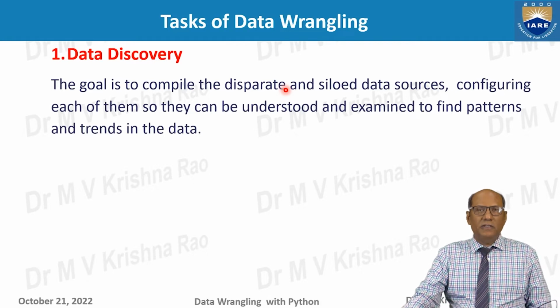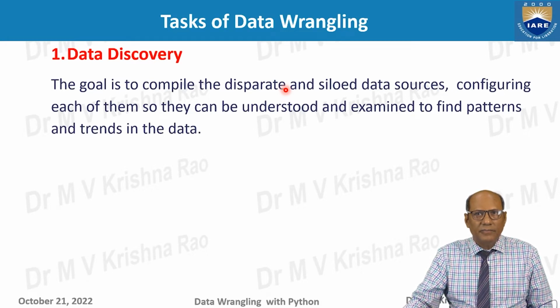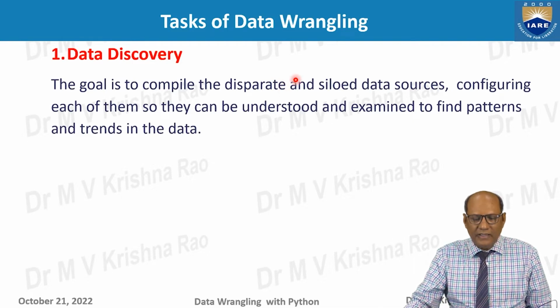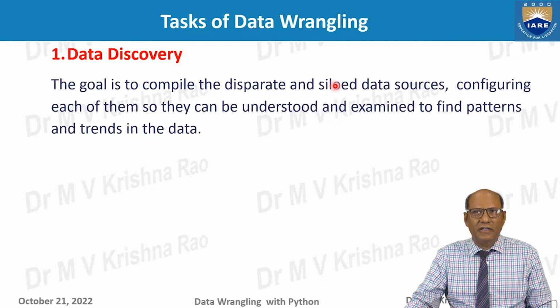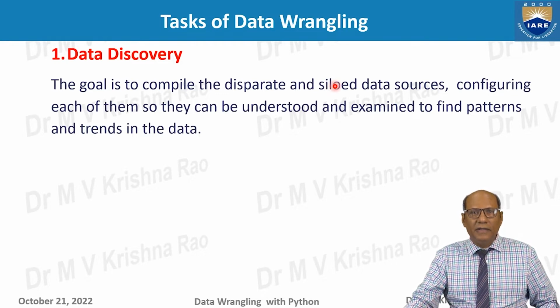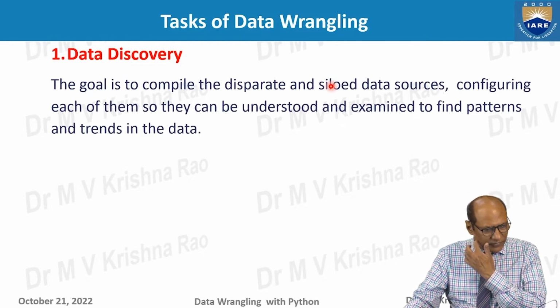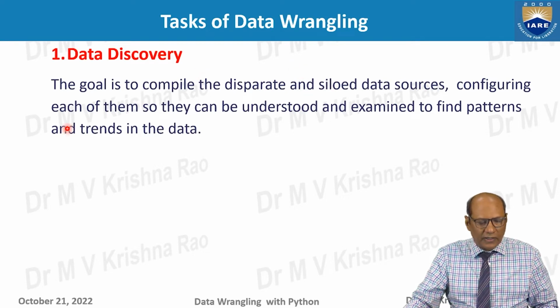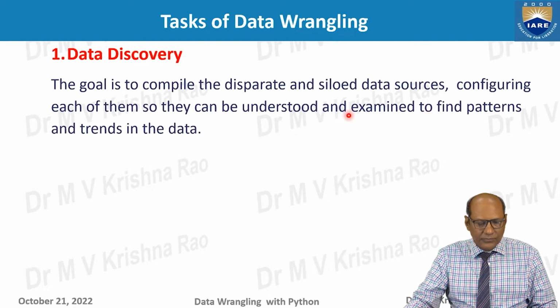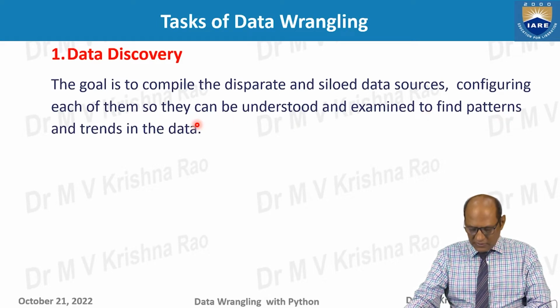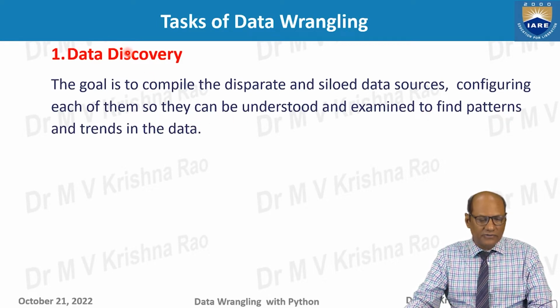Disparate means distinctly available, separated, highly separated, unconnected. Siloed means isolated, unconnected, independent data sources. We have to configure each of them, and then we have to start the analysis part. So before analysis, the data discovery is needed.